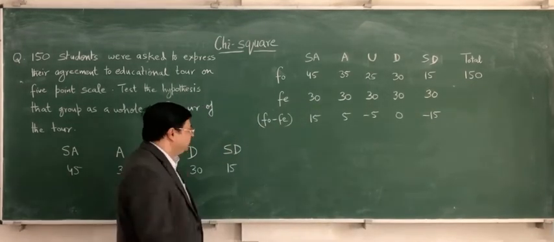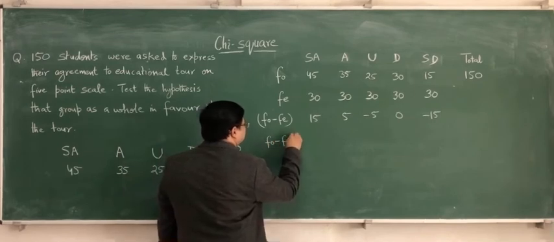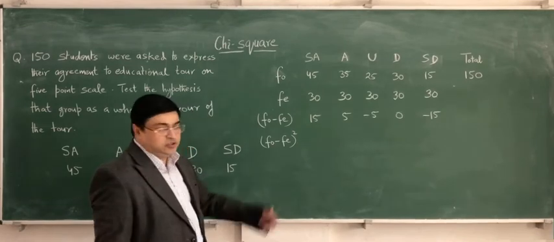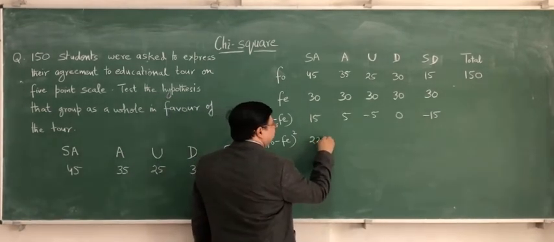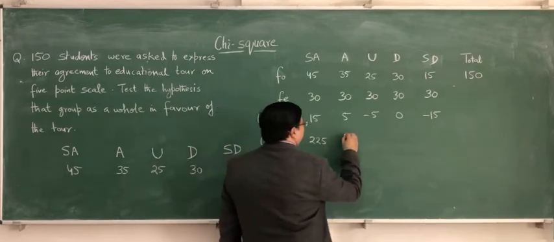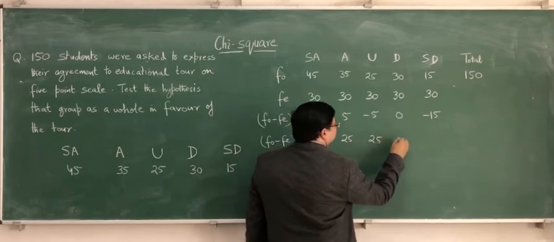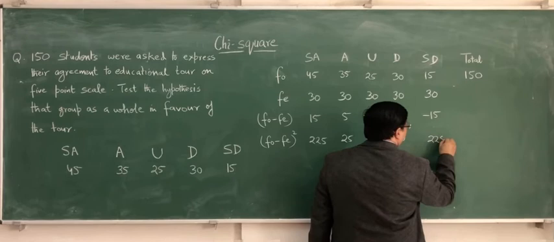Now the next step is we have to square this value. So square of 15 will be 225. It will be 25, 25, 0 and 225.